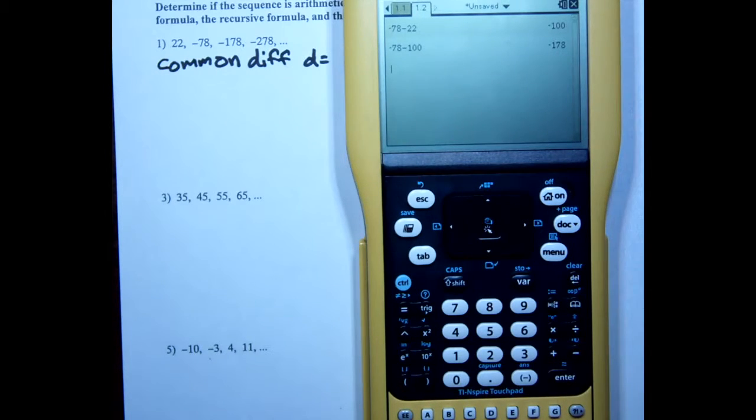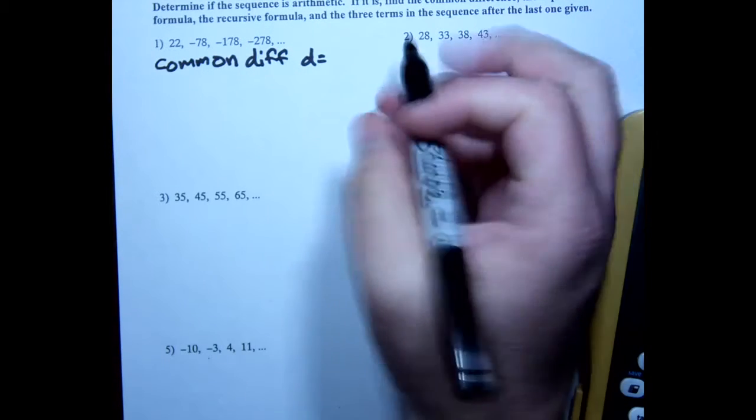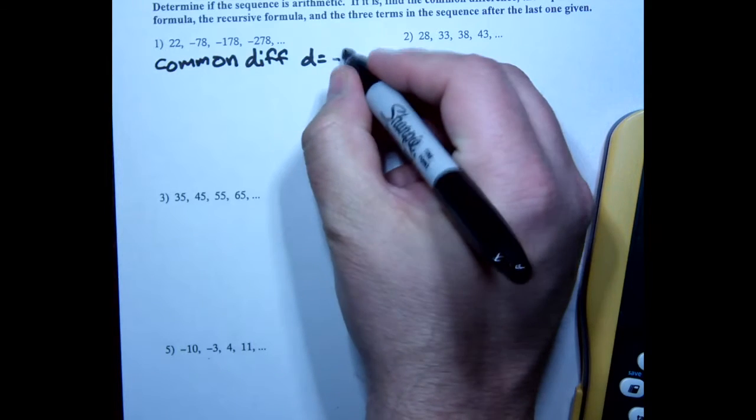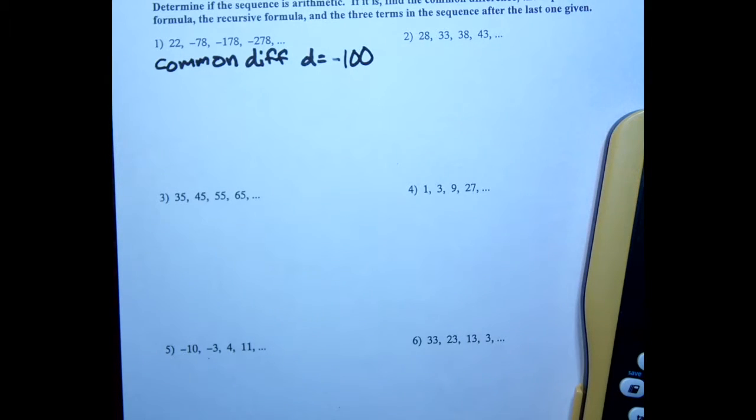Obviously, you could do this in your head, but I just want to show you how to use a calculator. Now, to get the next term, I could just take my answer, which is negative 178, and then subtract 100 one more time, and I should get negative 278. Does that make sense? So now my common difference then would be minus 100. Does that make sense?